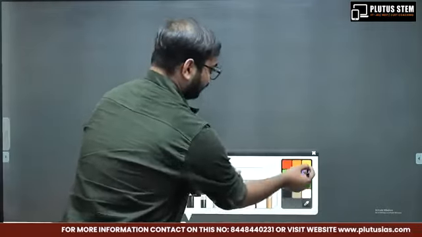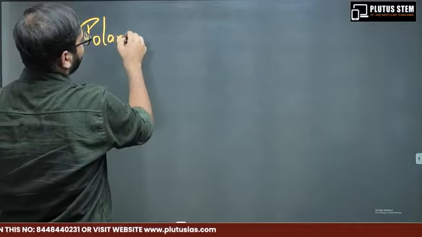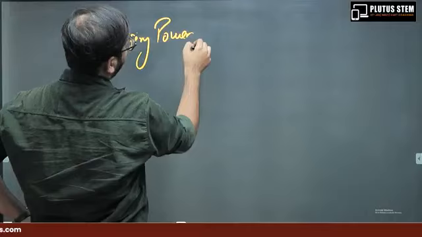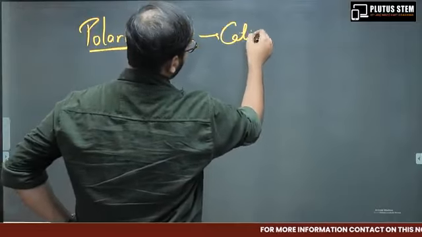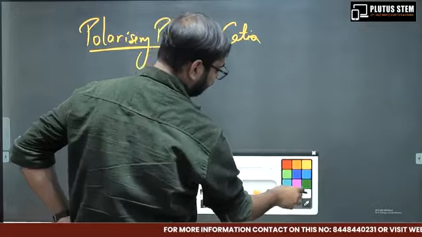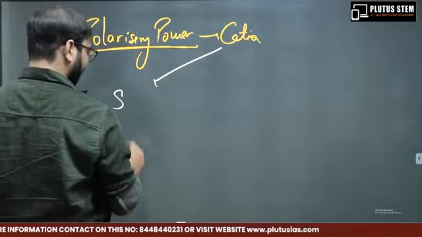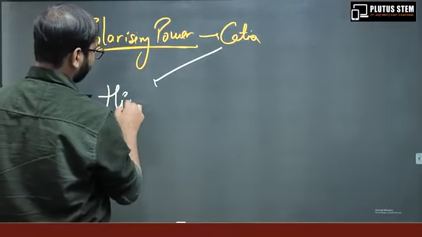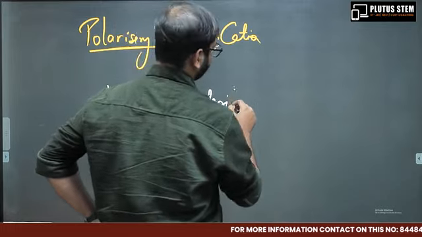Now, first thing, defining everything in terms of polarizing power. Polarizing power is always defined for cations. If I want to pull the electron density from the anion, I need to have high charge density. A higher charge density arises due to two factors.